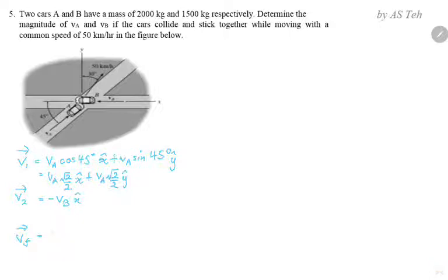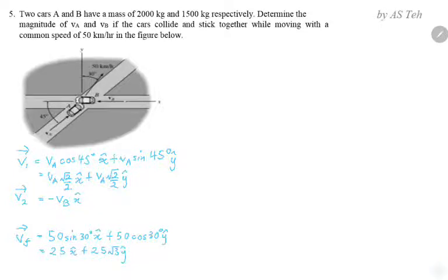So that is 50 sine 30 degrees x plus 50 cos 30 degrees y, which gives me 25x plus 25 square root 3 y.